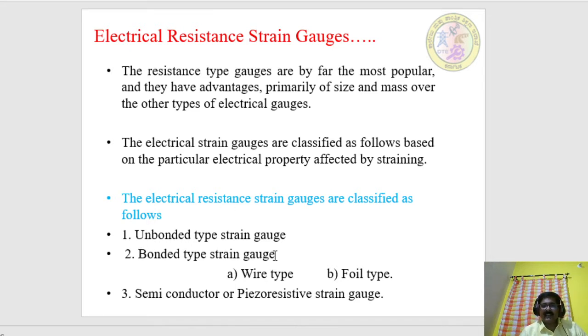See, this is a classification. It has been classified in three different ways: unbonded type strain gauges, bonded type strain gauges. This bonded type is further subdivided into wire type strain gauges and foil type strain gauges. And the third one, semiconductor strain gauge or piezoresistive strain gauge.